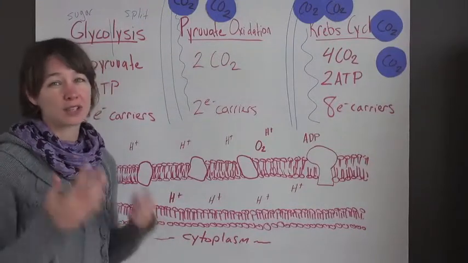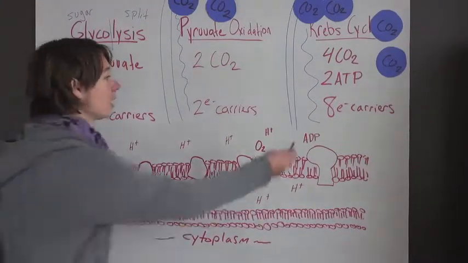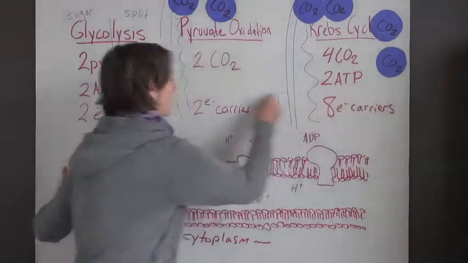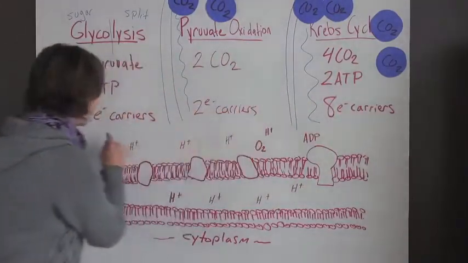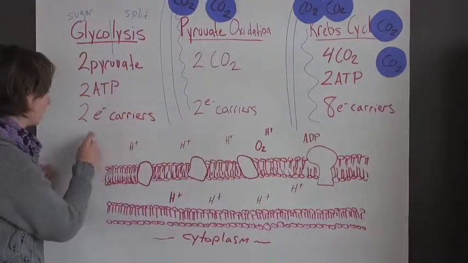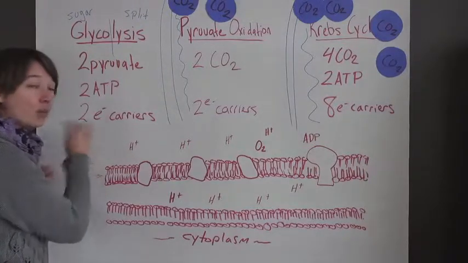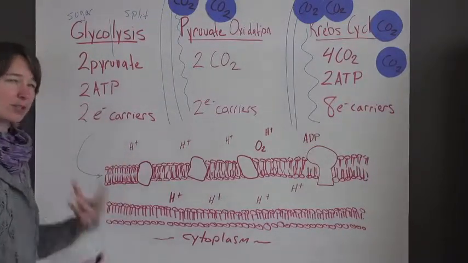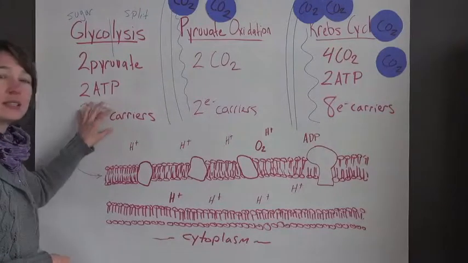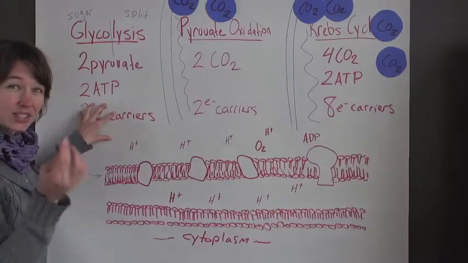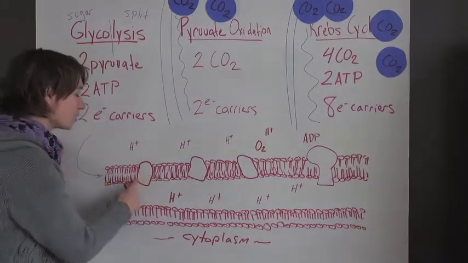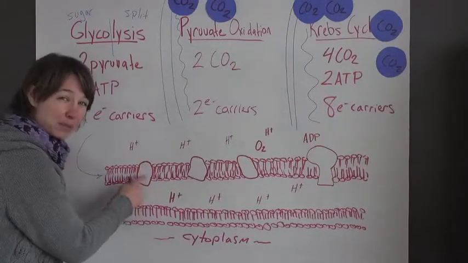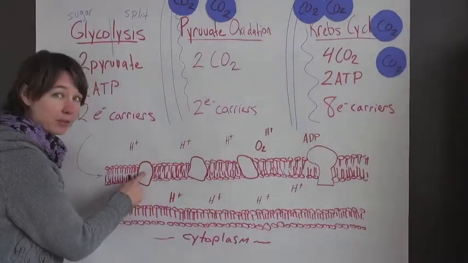So let me see if I can show you sort of how that works. All of these electron carriers get shuttled to the inner membrane of the mitochondria. They're already inside the mitochondria, so they're right there ready to go. These electron carriers pass their electrons onto an electron acceptor in the membrane of the mitochondria.